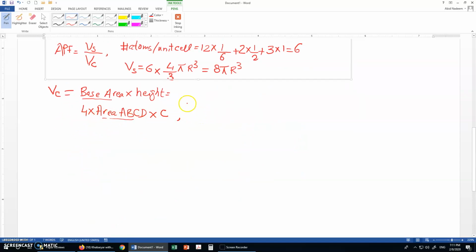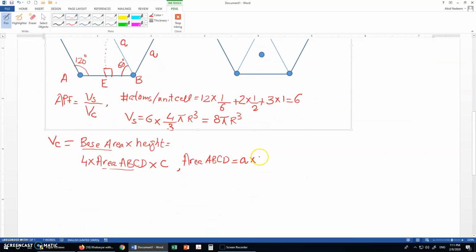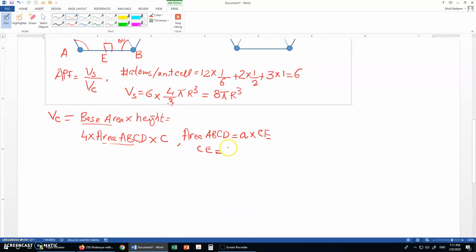So then what we can see is area ABCD is equal to A times the length CE. And what is CE? CE is equal to CB sine of this angle, 60 degrees. And what is CB?